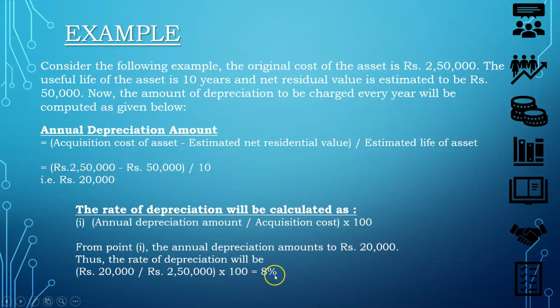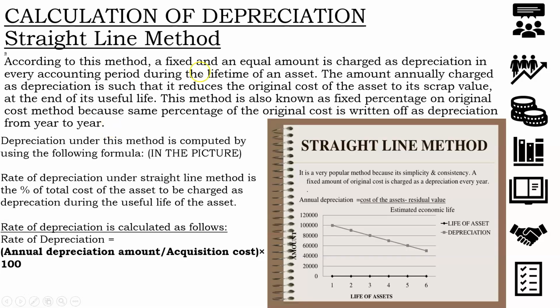So this comes to be 8%. So it generally means that 2,50,000 is the cost of the asset, and if we calculate 8% of it, we will get 20,000 rupees only. So every year we are charging 8% depreciation on the 2,50,000 according to the straight line method.